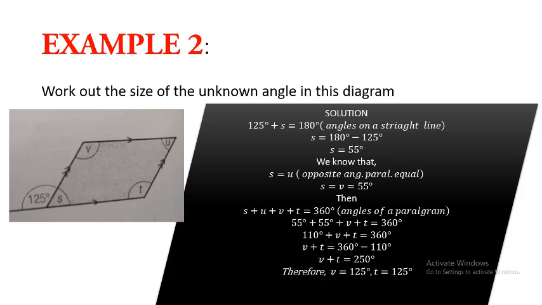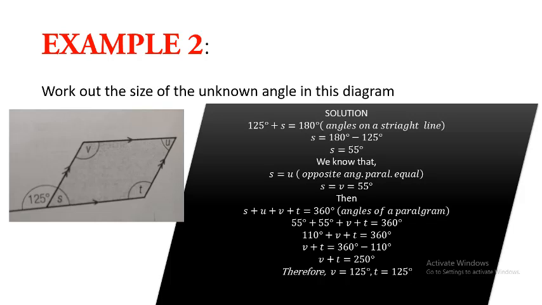So for us to find the size of each angle, we are going to divide by 2. So 250 degrees divided by 2, the answer is 125 degrees. Therefore, V is equal to 125 degrees and T is equal to 125 degrees. So this is how we work out the size of unknown angles in these diagrams.